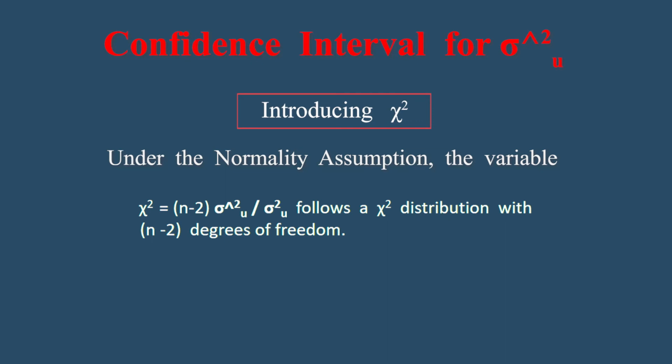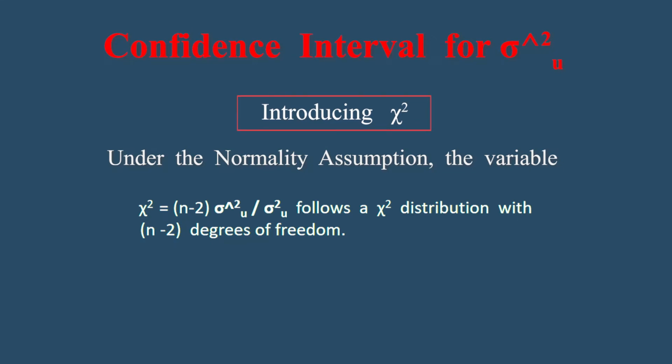Here we introduce the confidence interval for sigma hat square u. Now this sigma hat square u is the estimated value of the variance of the disturbance term. As we know, sigma square u can be known or unknown, but depending upon the sample observations, we estimate sigma square u and we get sigma hat square u.